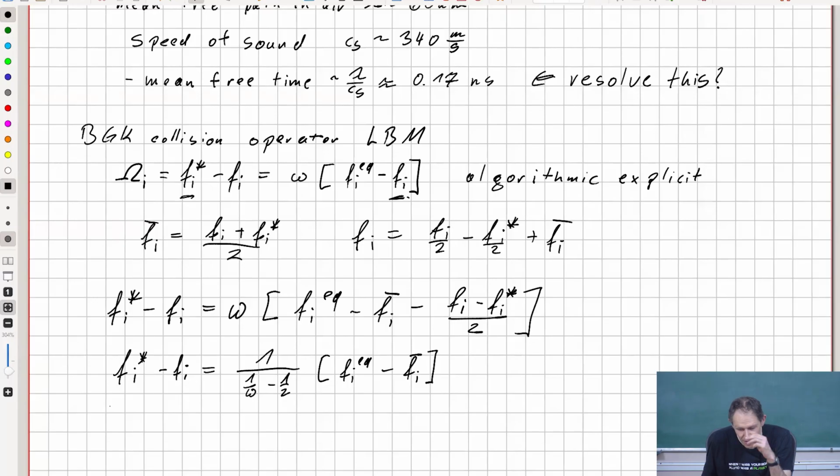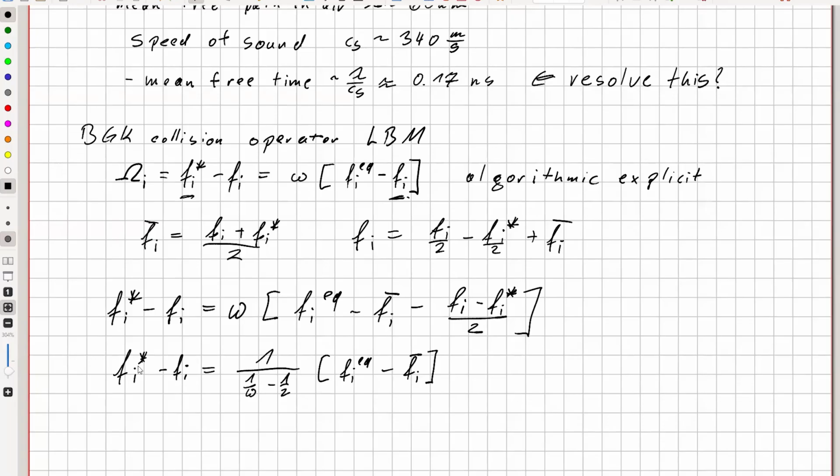Now this still is implicit because inside Fi over bar is the outcome, right? So this is implicit for the thing we are actually solving for.